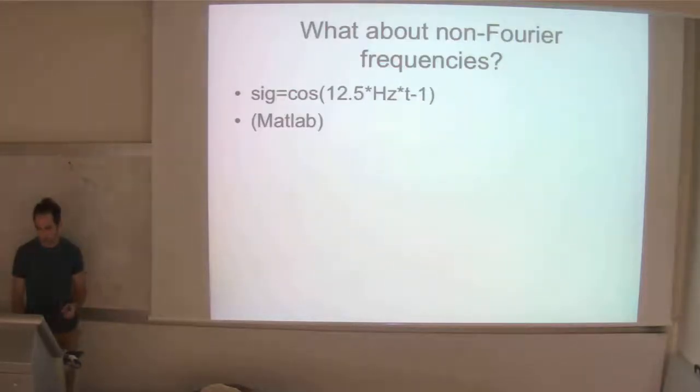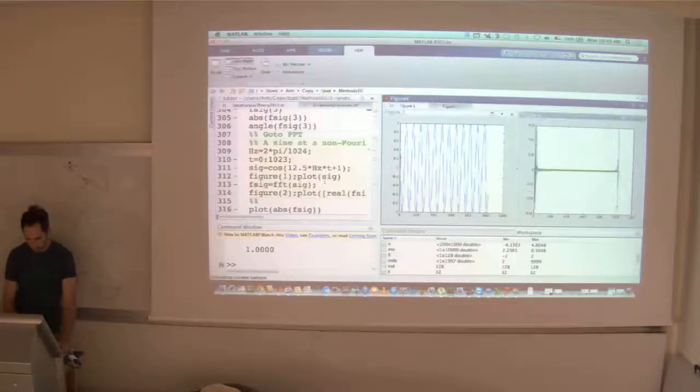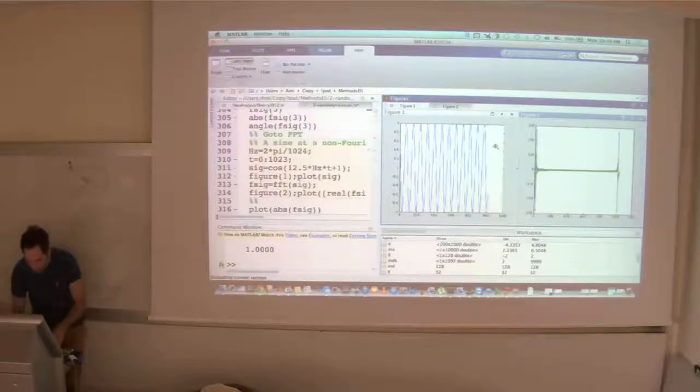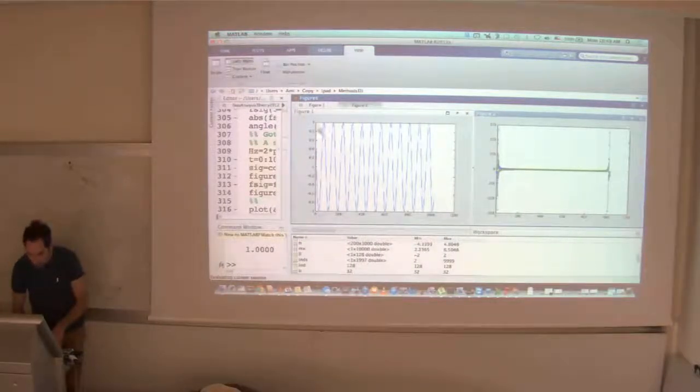Okay, let's look at a signal that is not full Fourier frequencies. Till now, we only talked about frequencies that are multiplications or divisions of whole cycles in our sample. And now we're going to look at a signal which is not whole. So the blue line is our signal.